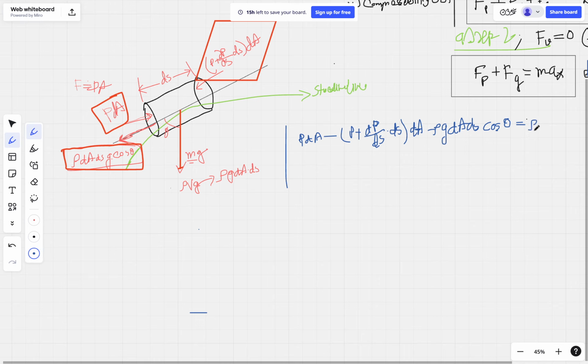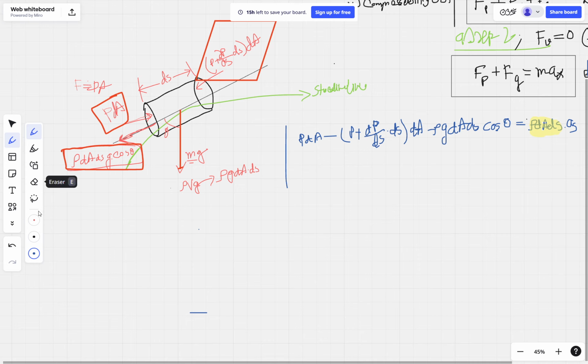So now we are going to write again rho dA ds, and then a_s. For your understanding, I'm just going to highlight this portion. So this is actually ma, this is the m, and this is a_s. So with respect to this we have written this part. Okay, so I need to erase it for reducing the confusion.